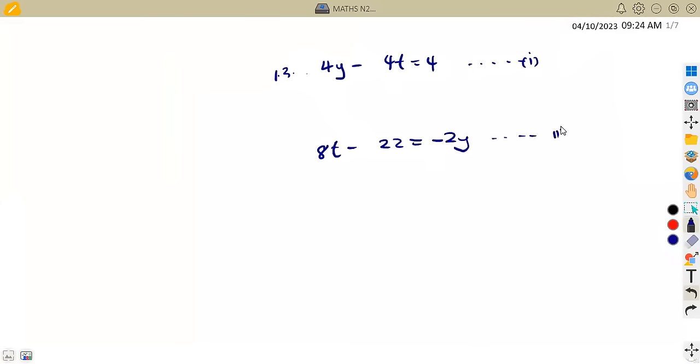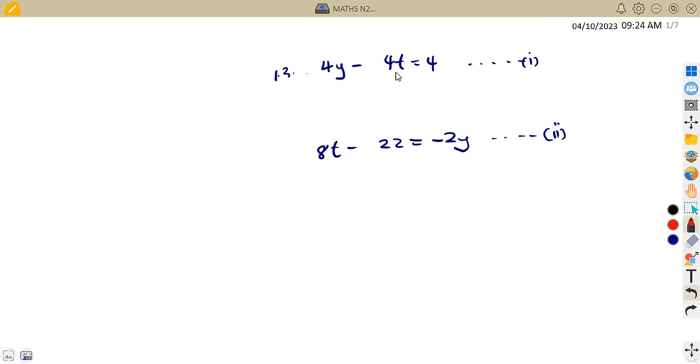So I'm going to write the equations down. We are given the first equation, which is 4y minus 4t is equal to 4. So that is going to be your first equation. Then the second equation is given as 8t minus 22 is equal to minus 2y. All right, so this is our second equation. From the first equation, we can reduce our equation so that we can solve this properly.